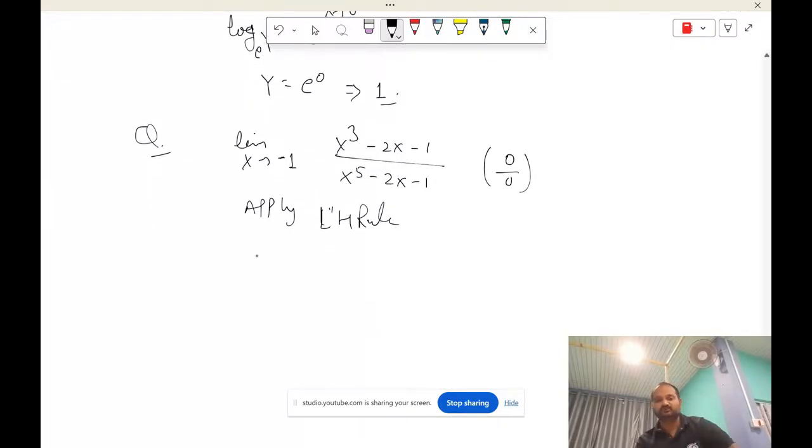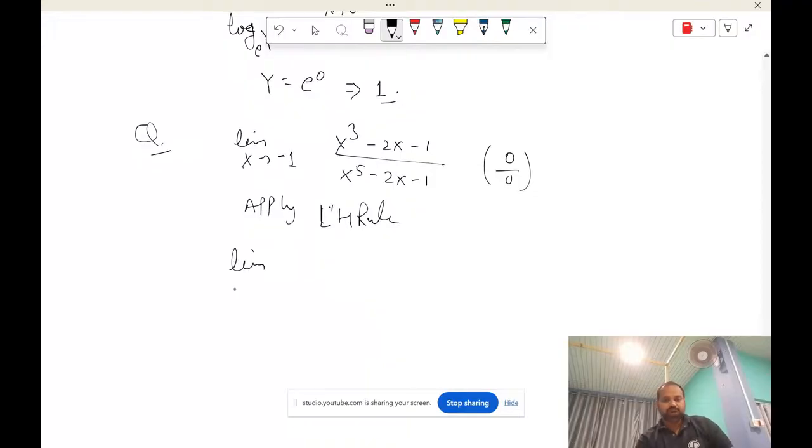According to L'Hospital rule, this function will be equal to the differentiation of the numerator and denominator separately. The differentiation of the numerator will be 3x square minus 2, and the differentiation of the denominator will be 5x to the power 4 minus 2. Now we substitute x equal to -1.